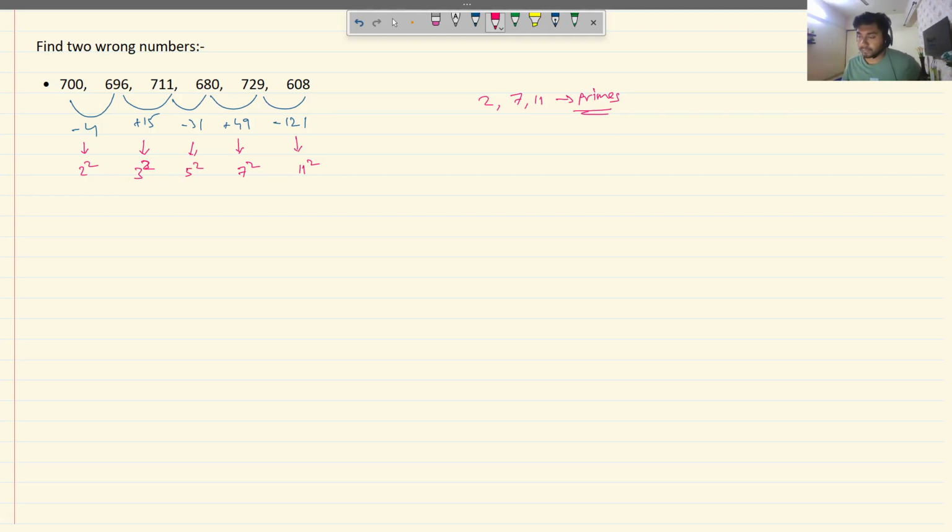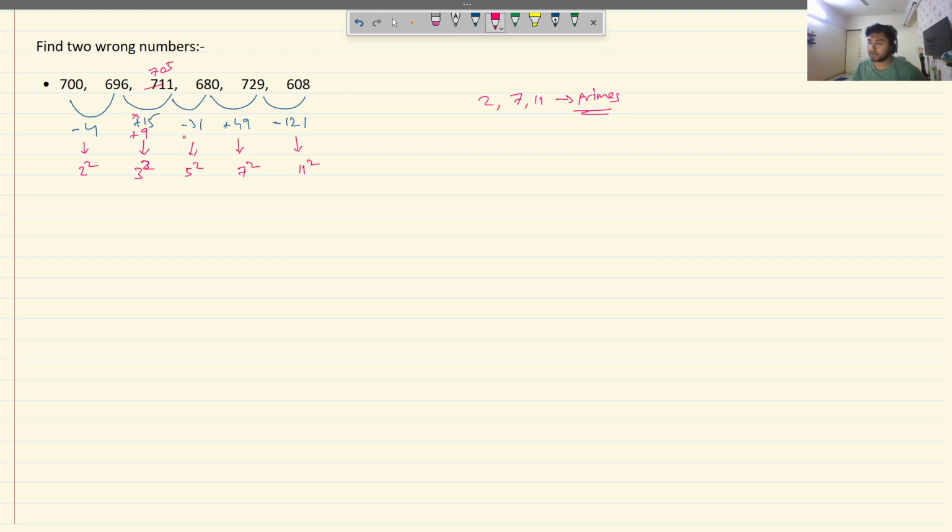Okay, let's see if that works. If this is 3 square, then this would be plus 9, not plus 15. This is plus 9. 196 plus 9 will give 705.